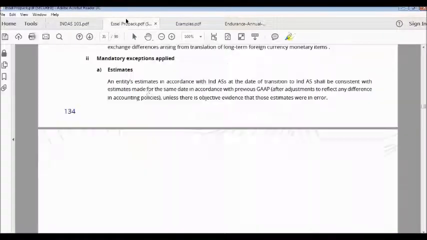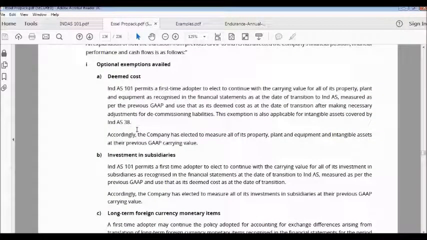So this is a live example of how the company is doing it: optional exemption availed, deemed cost. Ind AS 101 permits a first time adopter to elect to continue with the carrying value for all its property, plant and equipment as recognized in the financial statements as at the date of transition to Ind AS measured as per the previous GAAP, and use that as its deemed cost as at the date of transition after making necessary adjustment for decommissioning liability.